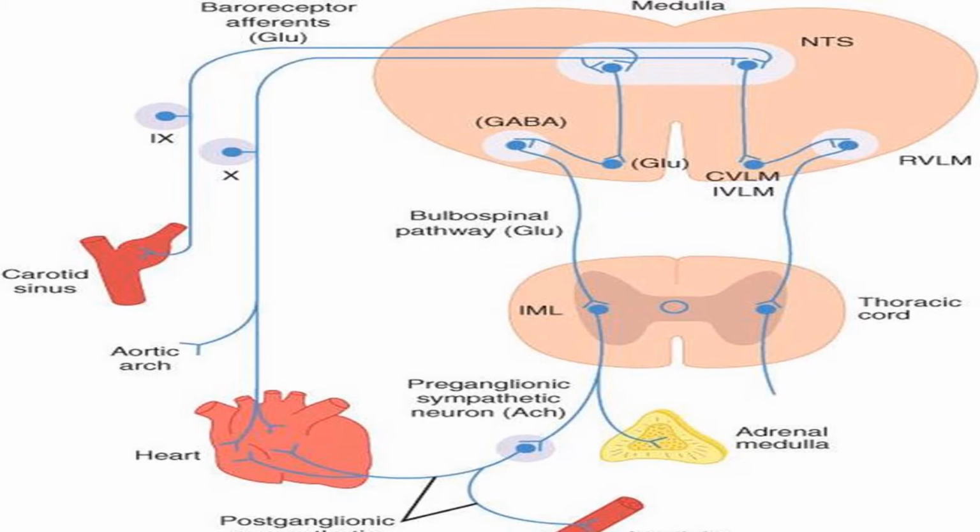The NTS now secretes the excitatory neurotransmitter glutamate. This glutamate secreted from the NTS now stimulates the caudal ventrolateral medulla and also the cardiac vagal centers.